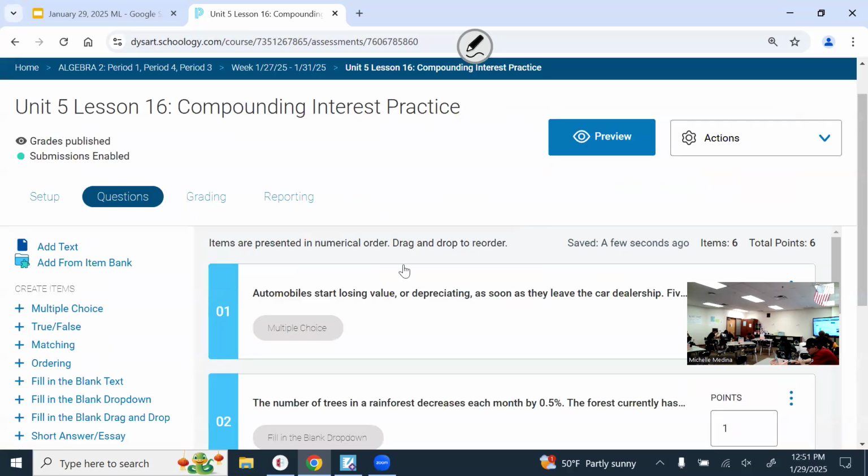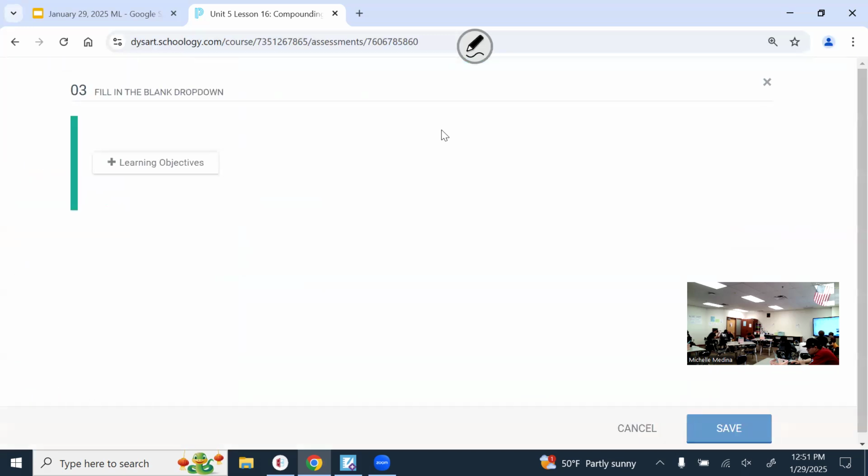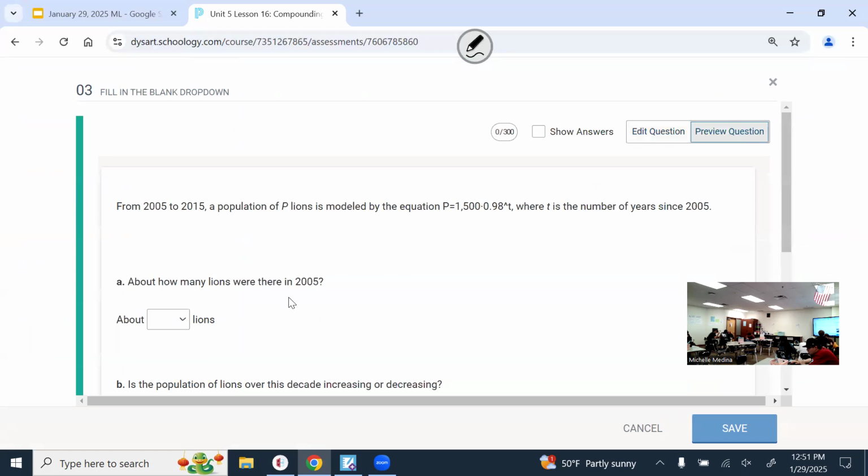All right, so questions on any other practices, study guides? Number 3 on lesson 16. All right. From 2005 to 2015, a population of lions is modeled by this equation, t being the number of years since 2005.